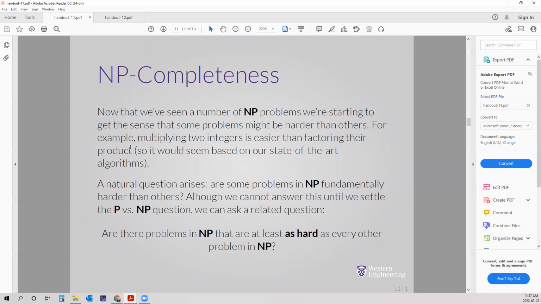A natural question came out: are some problems in NP fundamentally harder than others? We cannot answer this until we settle the P versus NP question, so we don't know the answer. We can ask a related question: are there problems in NP that are at least as hard as every other problem in NP?